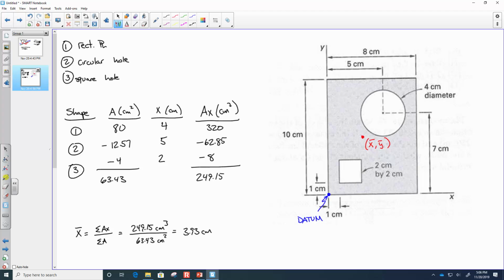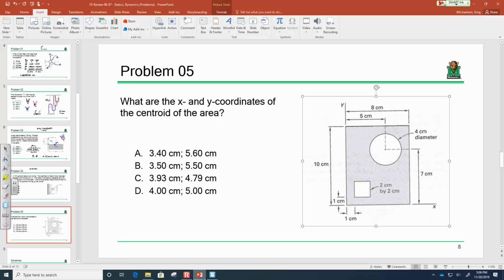Now, let me be clear. That is how you locate the centroid in terms of the x-coordinate. If you go back to the problem, all of the choices are independent. So by doing this one, I don't have to do the y-coordinate. I know that's the answer.